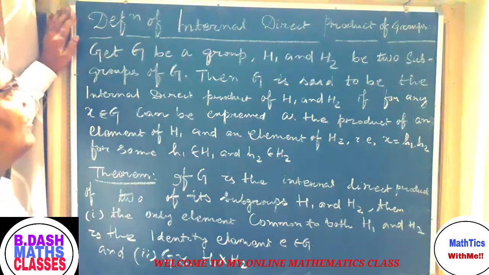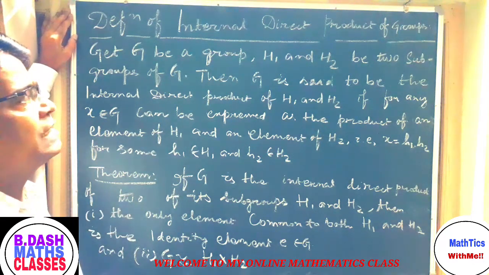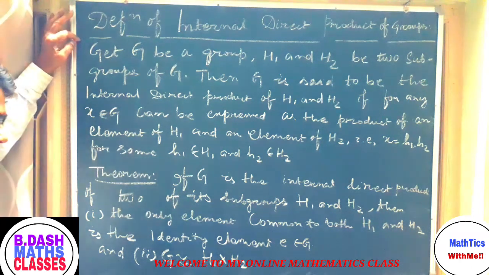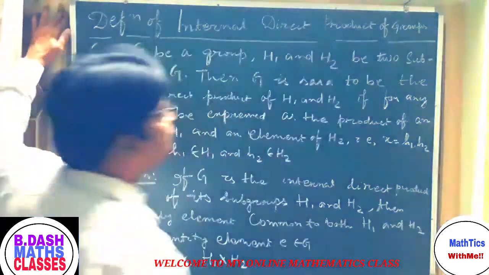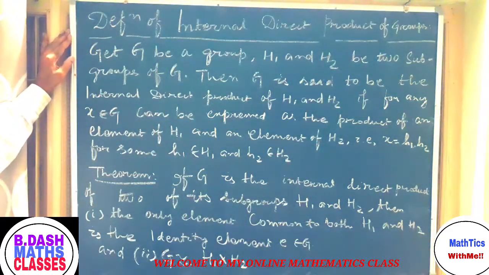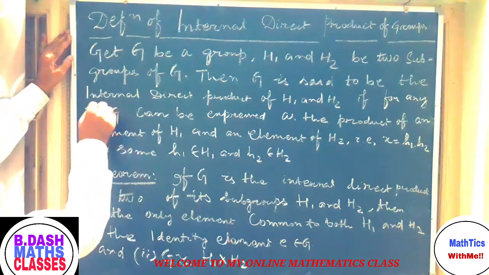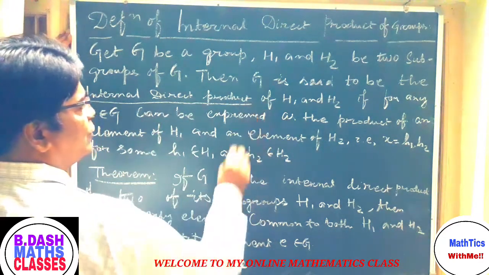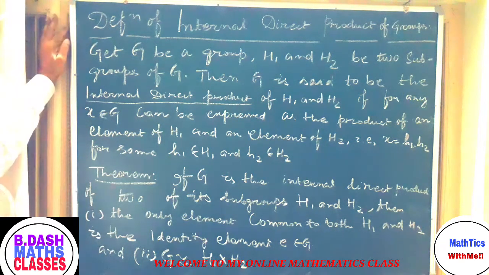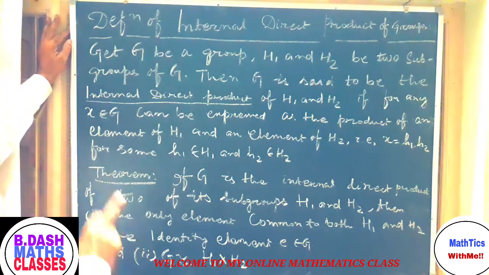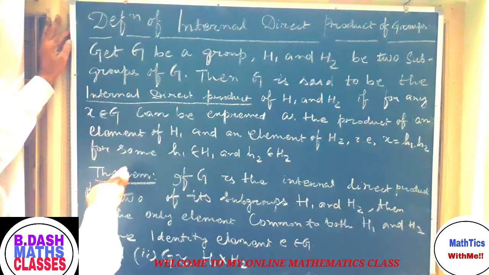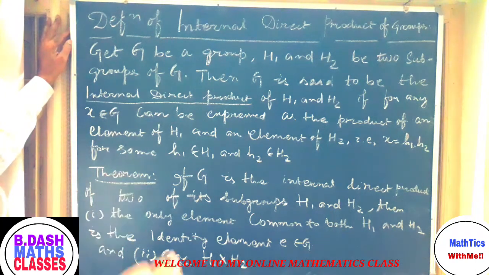Now, definition of internal direct product of groups. Let G be a group, H1, H2 be two subgroups of G. So, we are taking two subgroups H1, H2. Then G is said to be the internal direct product of H1 and H2 if any x belongs to G can be expressed as the product of an element of H1 and an element of H2.